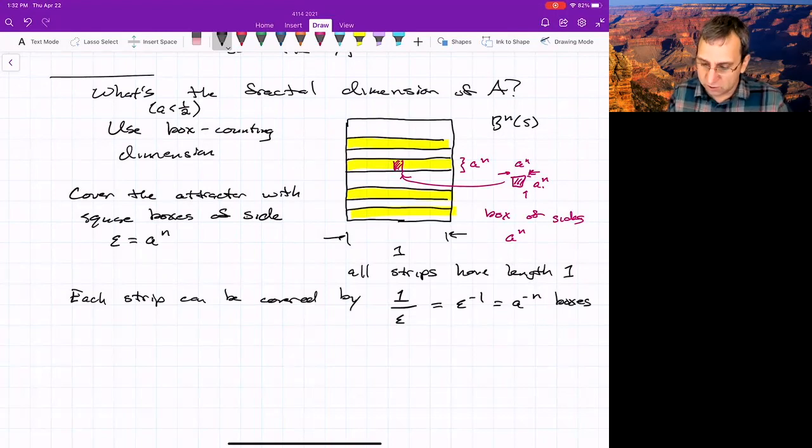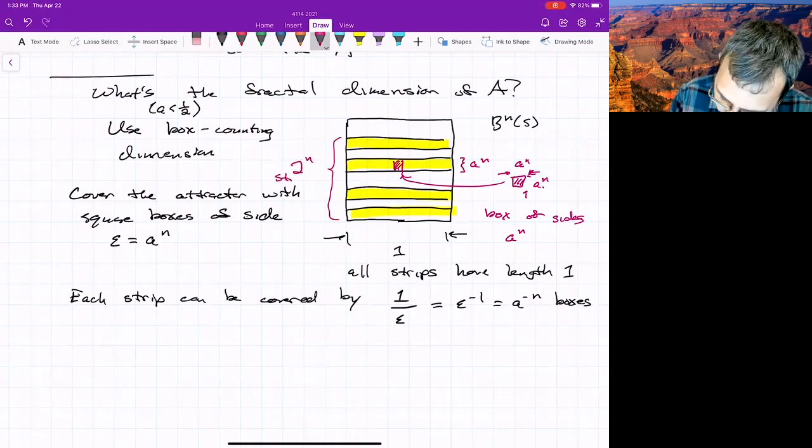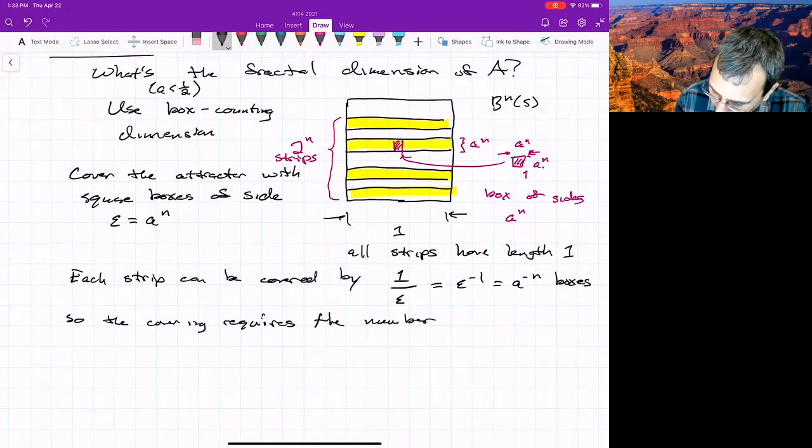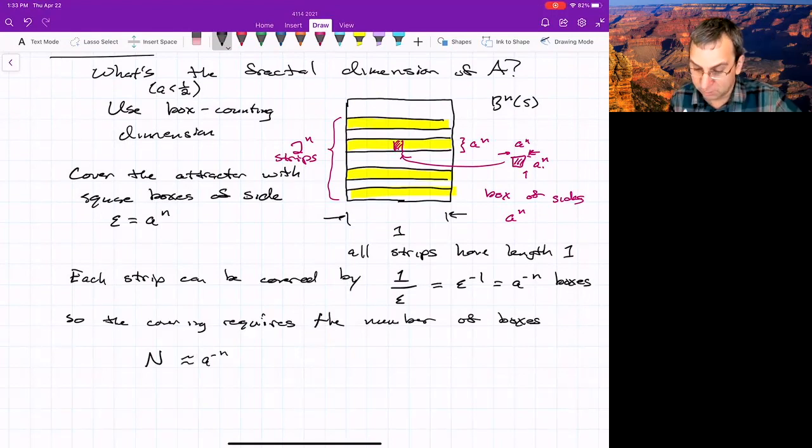And there are how many strips? There's 2^n strips. With our box counting approach, how many boxes are there? The total number of boxes, N, is approximately a^(-n), the number of boxes for each strip, times the number of strips, 2^n.